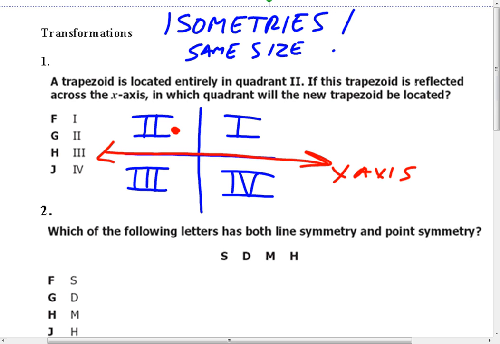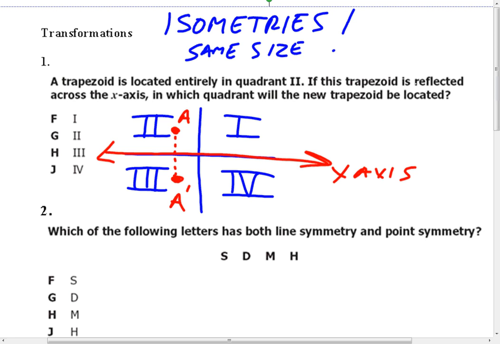If I'm flipping or reflecting across the x-axis, where do I end up? Do that. Put a dot. Put some dotted lines. Put another dot. We'll call this A. We'll call this A with a tick mark. What did we say the tick mark represents? Prime.